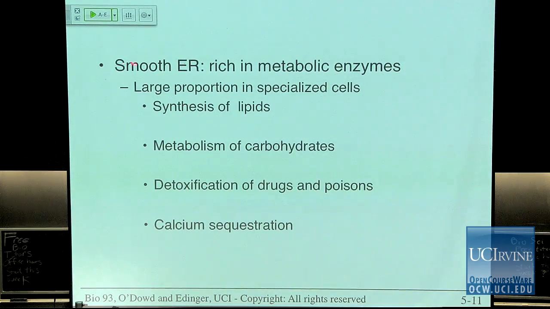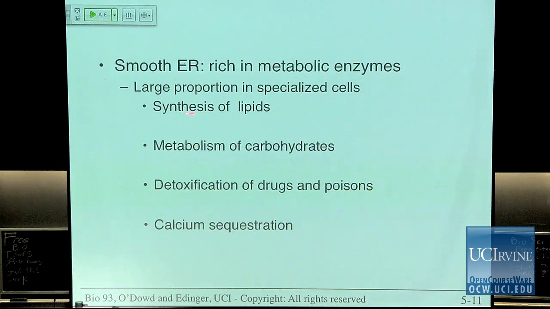Okay, smooth ER is a structure that's rich in metabolic enzymes, and in many cells, only a small proportion of the endoplasmic reticulum is smooth, and most of it is rough. But there are a few cell types that have a lot of smooth ER, and those are cell types that are involved in these processes.